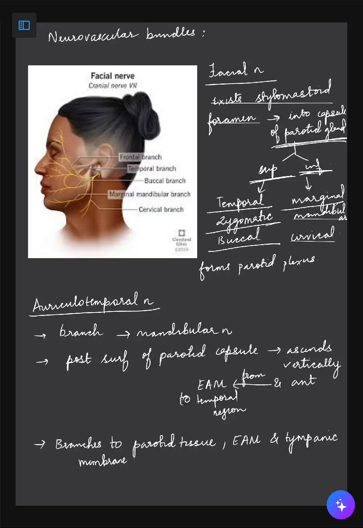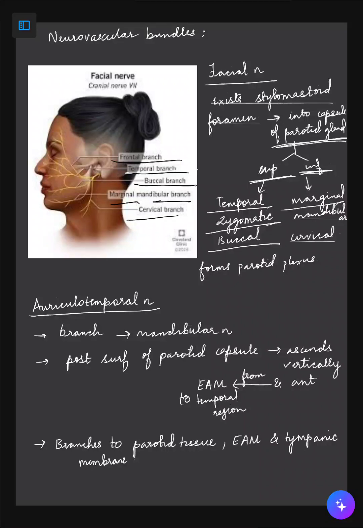See here in this diagram also it is given. As soon as it exits the stylomastoid foramen, it enters the parotid gland and is divided into superior and inferior parts. Superiorly there are the temporal, zygomatic and buccal branches, and inferiorly the marginal mandibular and cervical branches.